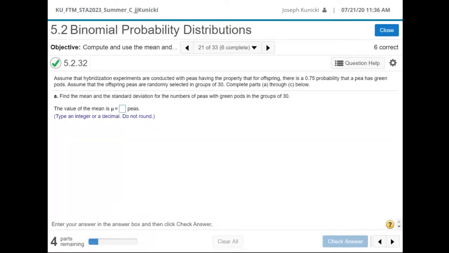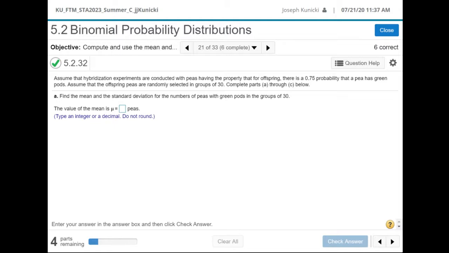Could you repeat what you just said? It's on the formula sheet. It's the square root of NPQ. That's why you've got to know Q. So if I take the square root and do 0.75 times 30 times 0.25, I get 2.3717.